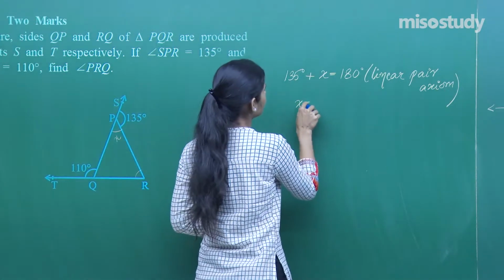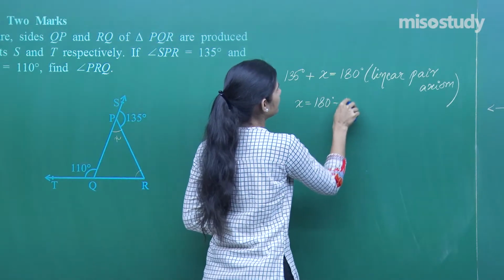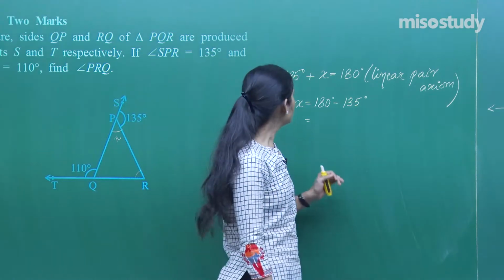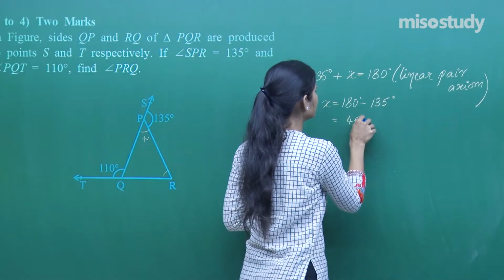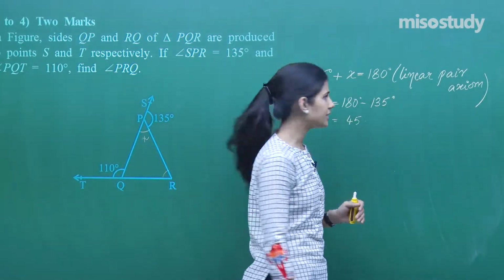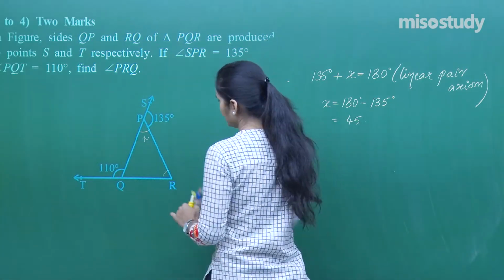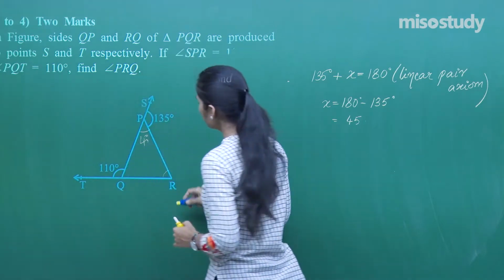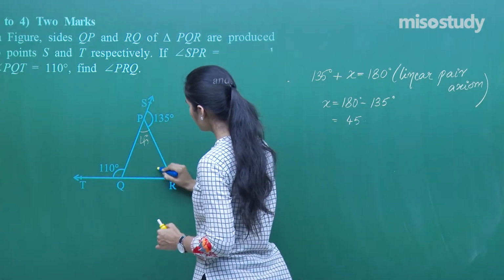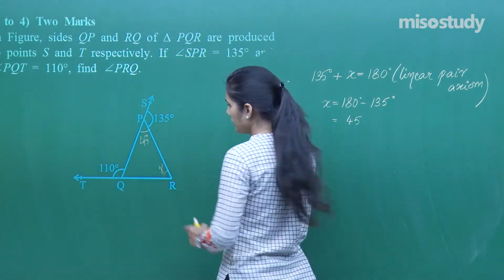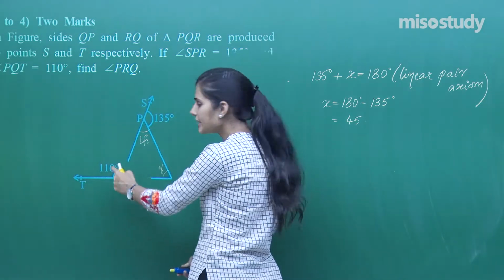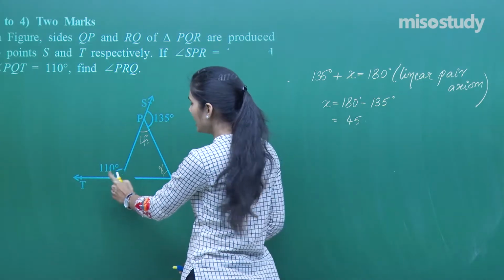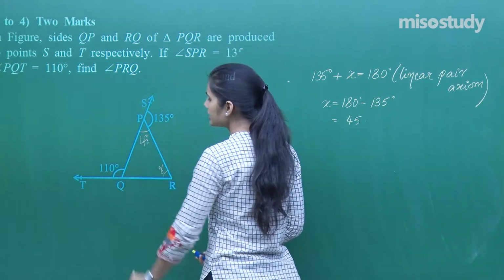So X will be 180 minus 135, which is going to give you 45. So X has come out to be 45. Now, you all know that if this is Y, then 110 is an exterior angle at Q, which, by the exterior angle theorem, is equal to the sum of opposite interior angles.